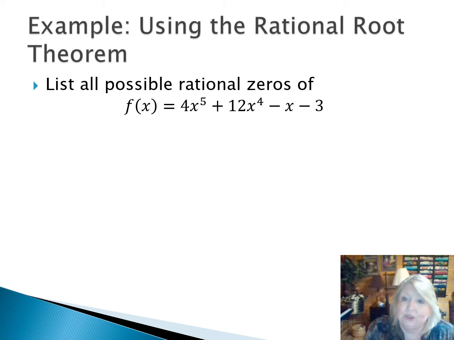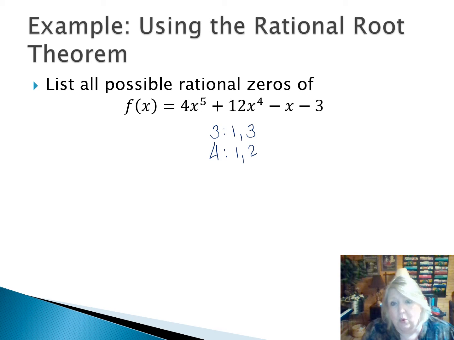So let's take a look at what the rational zero theorem is telling us. If I need to find all possible rational zeros of f, then what I need to do is take a look at that constant term 3, find all factors of 3, take a look at the leading coefficient of 4, find all factors of 4.